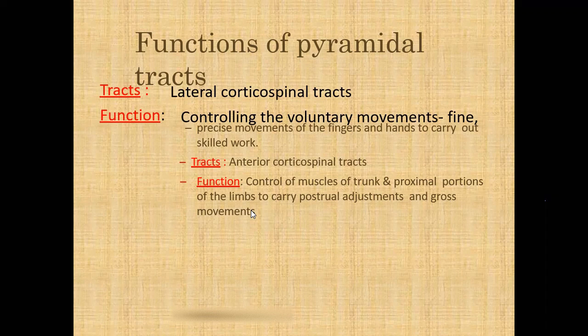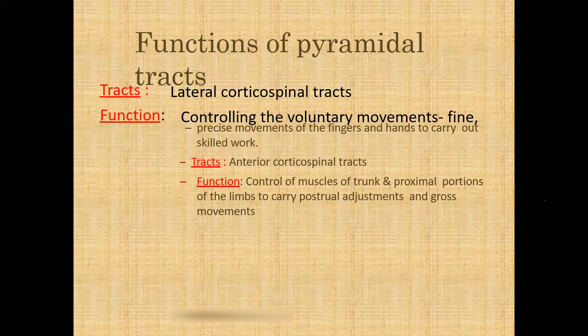Okay, so now we come to the lateral corticospinal tracts. Lateral, as you know, were the ones which got crossed over, the 80% ones at the level of the medulla, and which are coming down at the opposite side. They are the lateral corticospinal tracts. They are controlling the voluntary movements, means the movements which work as per our will.